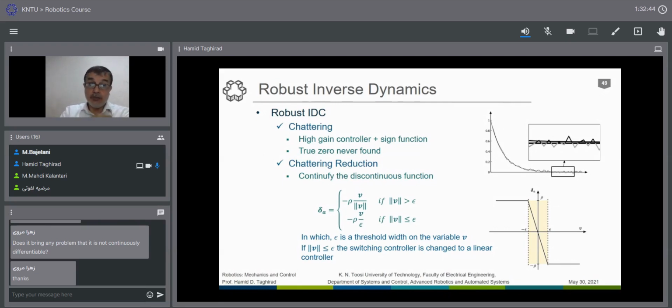Since the controller that we defined was based on IDC, I recommend having the two variations, robust and adaptive, in your studies. Talking about the advanced.